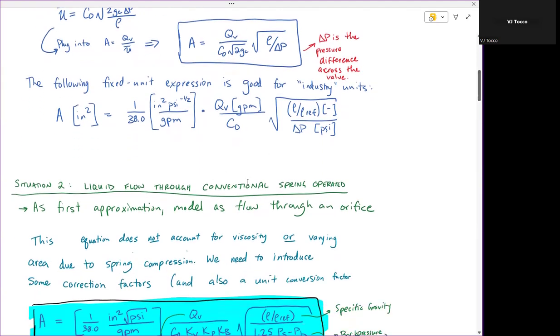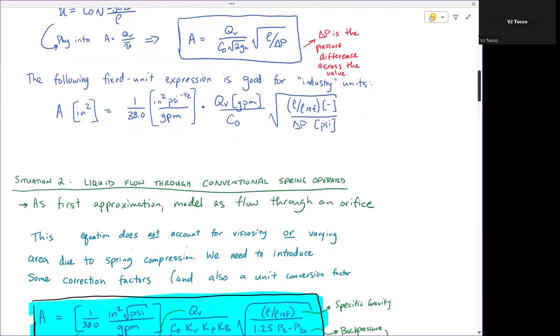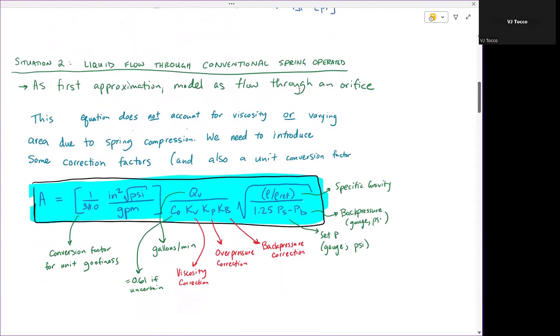Situation 2 is the conventional spring-operated relief valve. As a first approximation, you can model it as flow through an orifice. But the downside here is that this equation does not account for viscosity or varying area due to spring compression. So if you think about it, if I just imagine something with a spring, I can either compress that spring all the way, and there I would have potentially more area.